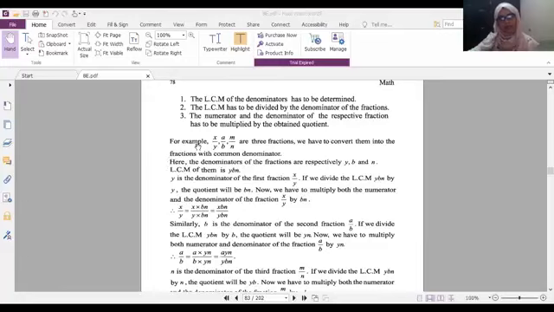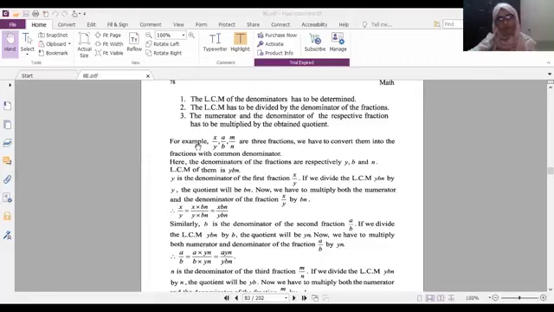And our last one is m by n. Here, n is the denominator of this fraction. Now, this LCM divided by this denominator, we get ybn by n is equal to yb.